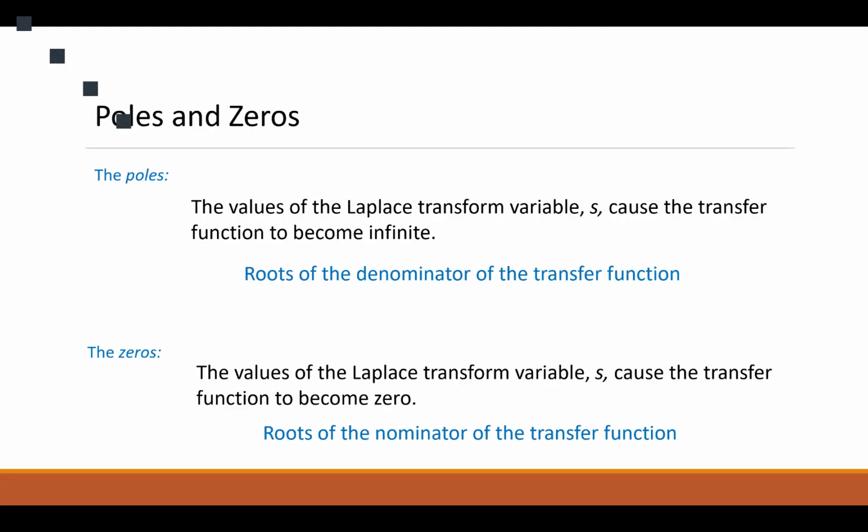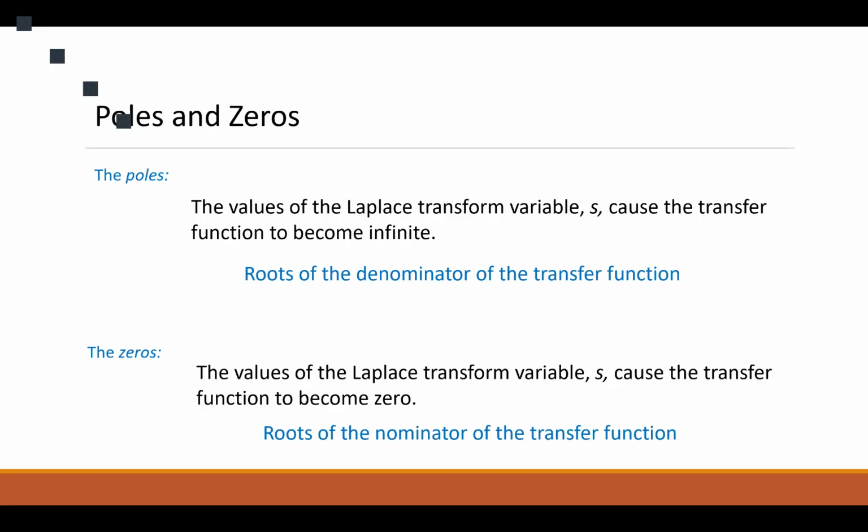It could be first order, second order, or nth order in respect to S. When you solve the denominator to find its roots, those roots of the denominator of the transfer function, we call poles. So they are the values of S that make the denominator zero, so the transfer function goes to infinity.